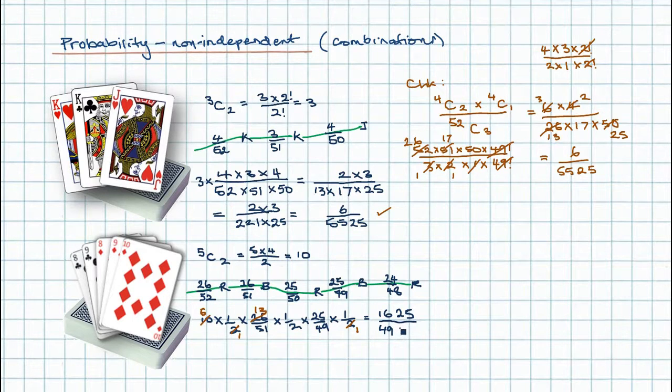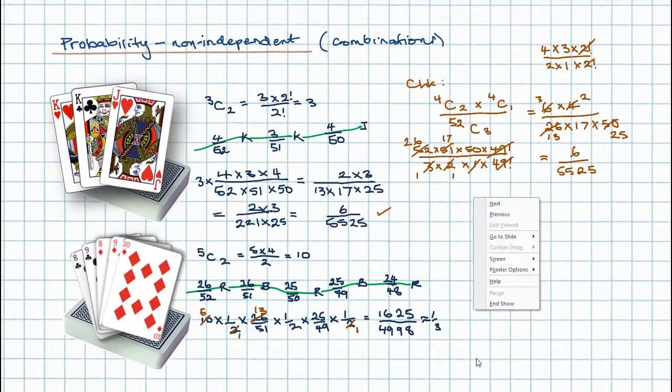So quite big numbers in the numerator and the denominator, but if I look at them closely, I can see it's not going to cancel neatly, but it's going to be roughly equal to a third. So I'm going to put approximately equal to 1/3. But that's the exact answer, 1625 over 4998.